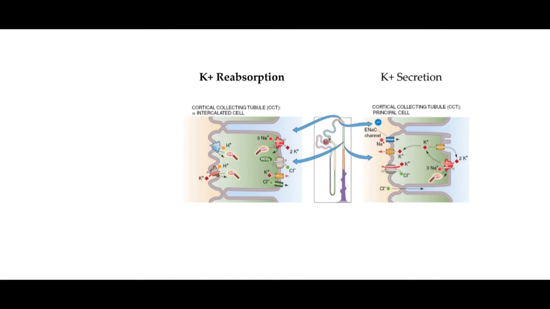The alpha intercalated cell promotes the reabsorption of potassium in the distal segments of the nephron. And your principal cell, which makes up 70% of all of the cells in the distal section, is going to promote the secretion. So you're really going to ramp up the activity of the principal cell function in order to get rid of all that extra potassium that most of us are taking in our dietary daily routine.